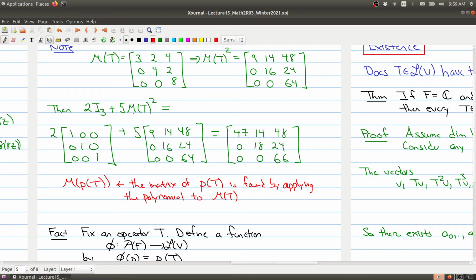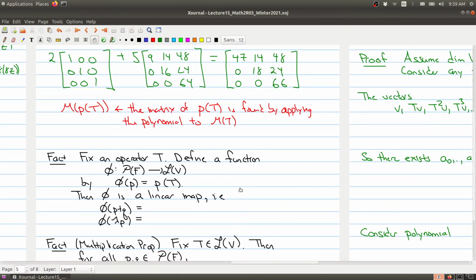So this would be kind of like a polynomial version of applying an operator to a polynomial. Okay, so I hope this example helps kind of with some of the details.